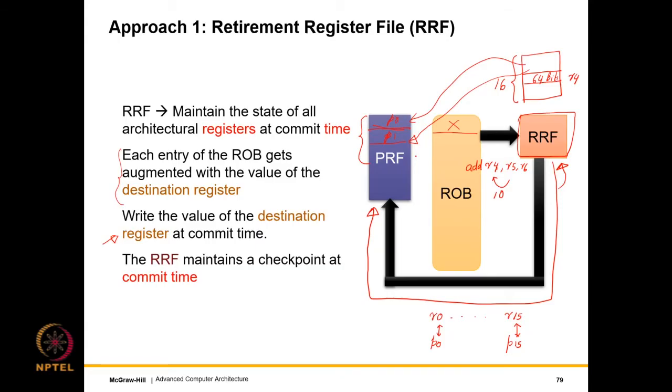The inefficiencies are that each ROB entry is being augmented with the value of the destination register. That is one. The other is that the process of recovery is slow, because physically 16 64-bit values have to be computed and the rename table has to be adjusted, right? So those are the overheads.